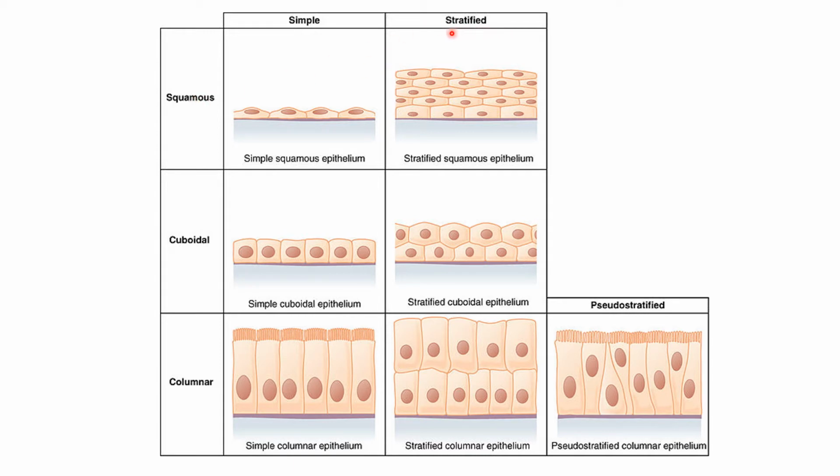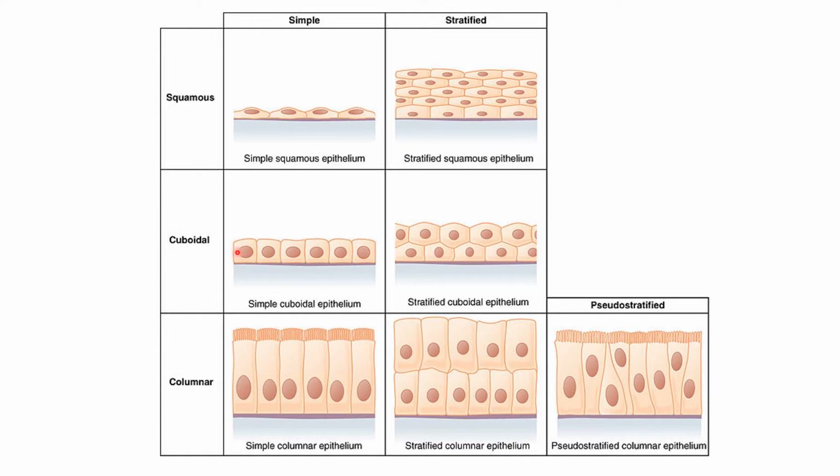Stratified means layers. And so stratified squamous is just a bunch of different layers of this epithelial tissue stacked on top of each other. Typically the function of this kind of tissue is going to be allowing for diffusion of nutrients across the membranes.